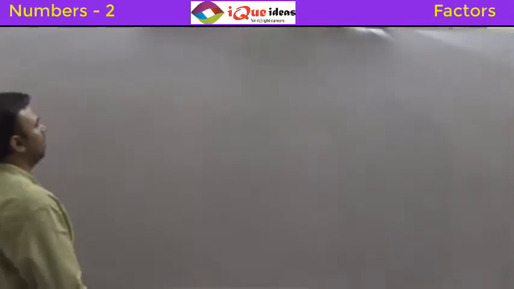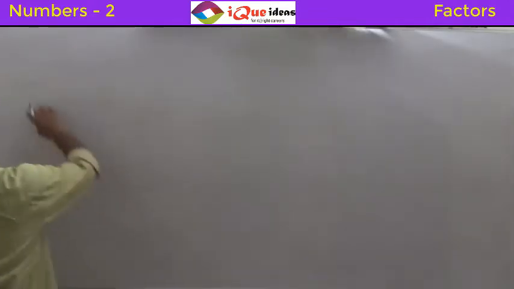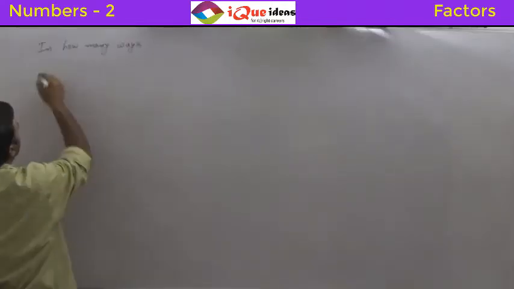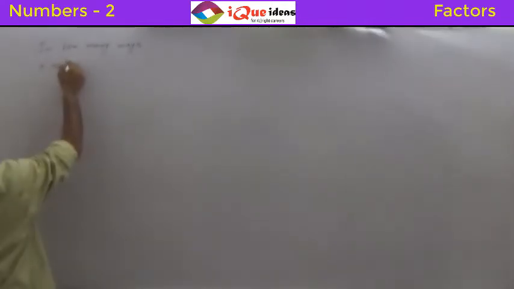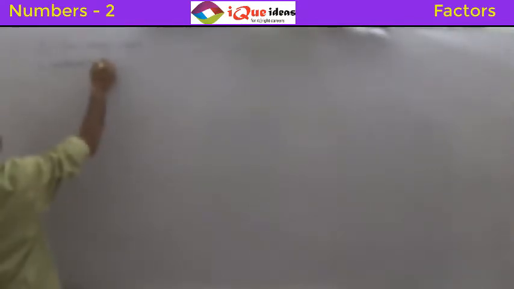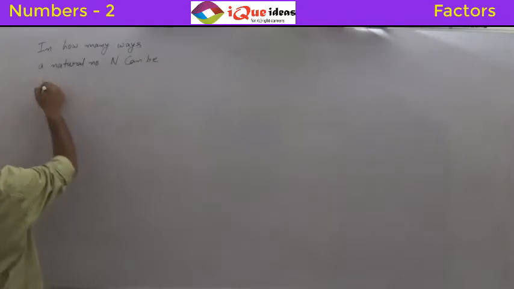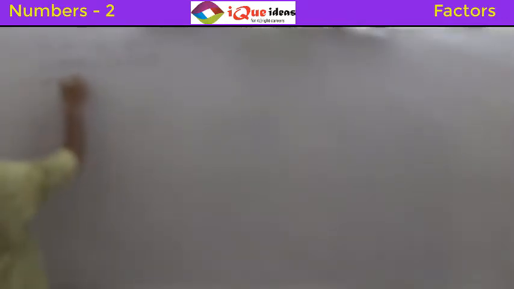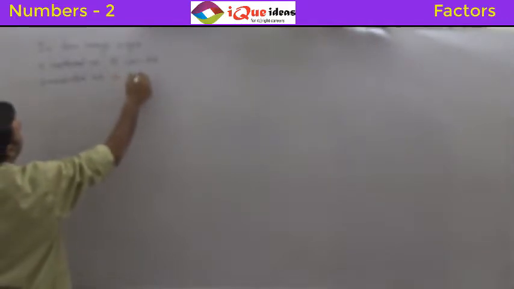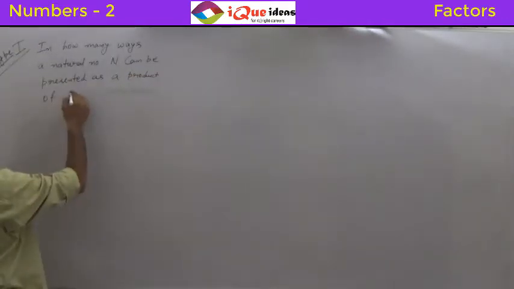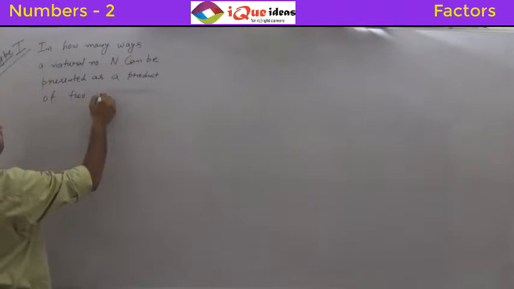Now, let's take some more questions related to factors and their presentation as products. Question is, in how many ways can a natural number n be presented as a product of 2 natural numbers?